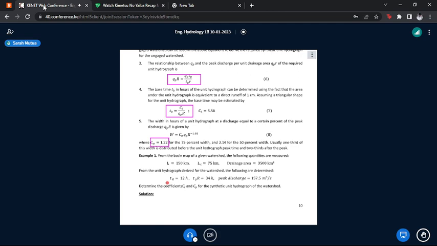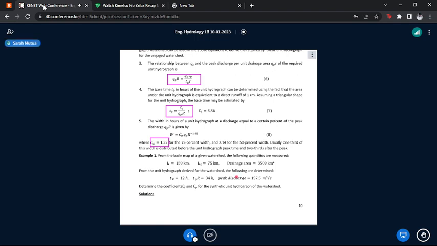TR is determined as 12 hours. TPR is determined as 34 hours. And the peak discharge was determined as 157.5 meters cubed per second. We are required to determine the coefficients CT and CP for the synthetic unit hydrograph of the watershed.